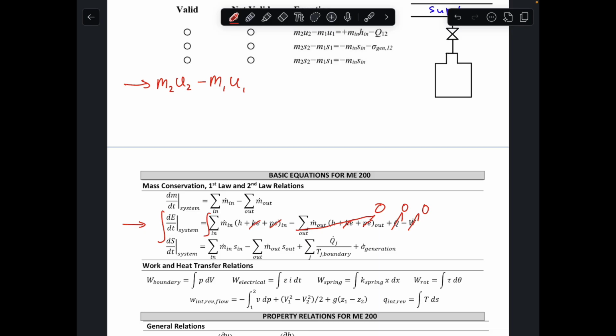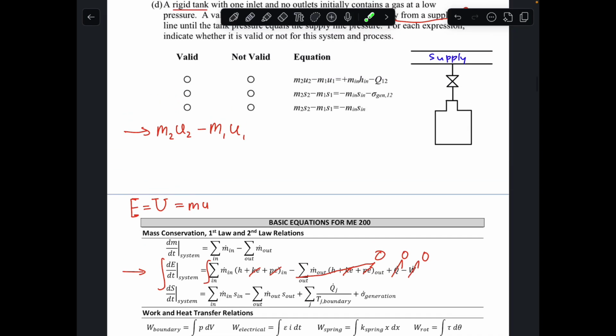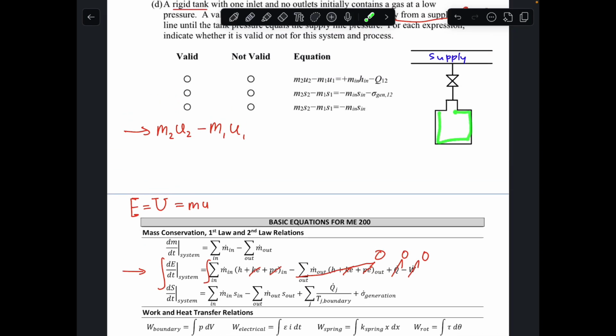Because our total energy, E, and we're neglecting changes in kinetic and potential energy here, so we're not going to include those, is equal to our total internal energy, which is equal to our mass times our specific internal energy. But the mass here is changing from state 1 to state 2. So we'll initially have some mass m1 inside, but then once mass starts flowing in here, then we have a new mass m2. So this is what we should get from this integration here.